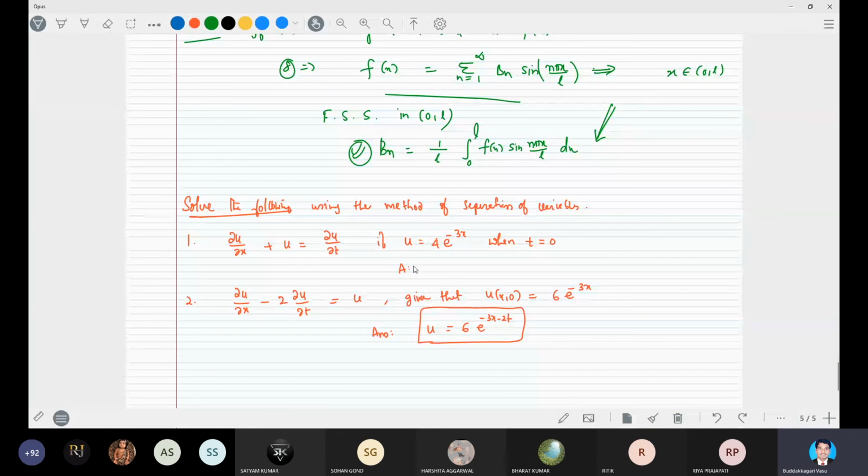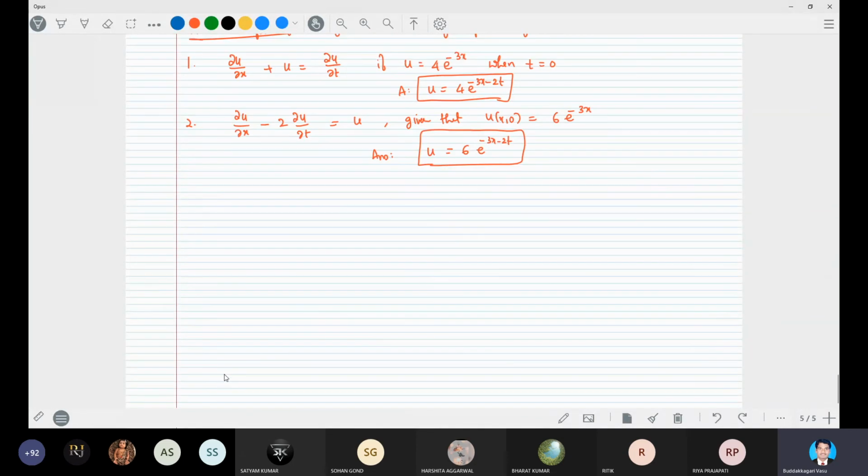This is also the same, both of them are the same model. The solution is u is equal to 4 e power minus 3x minus 2t. Both are the same, only the coefficient changes. Here minus 2, here 2 is there, that's all.